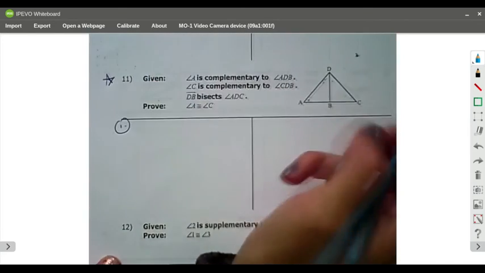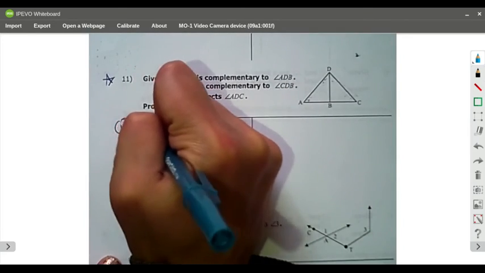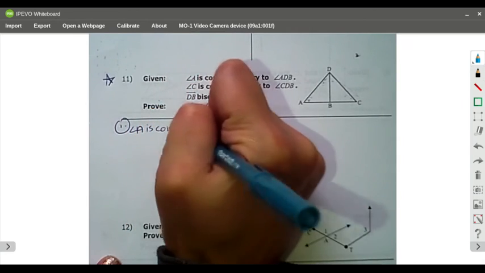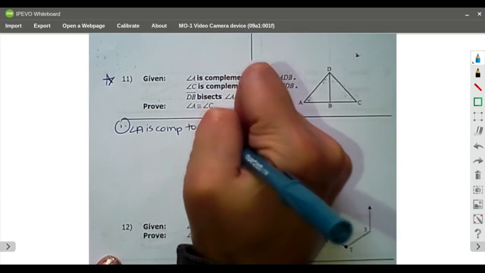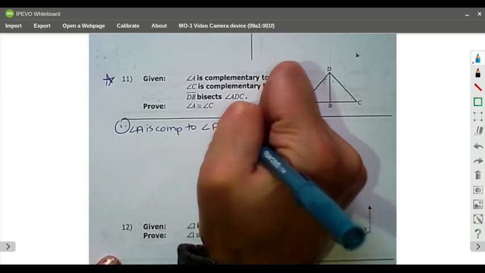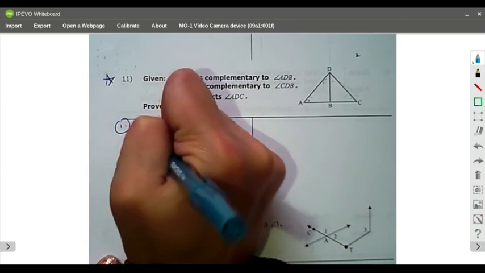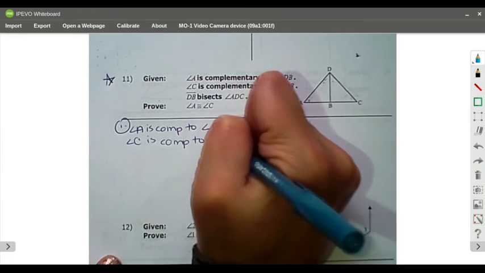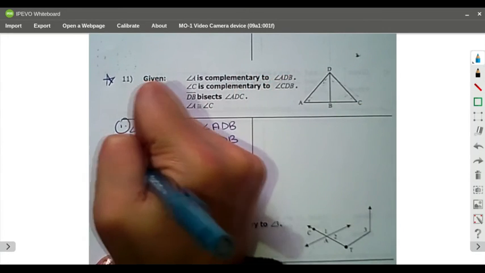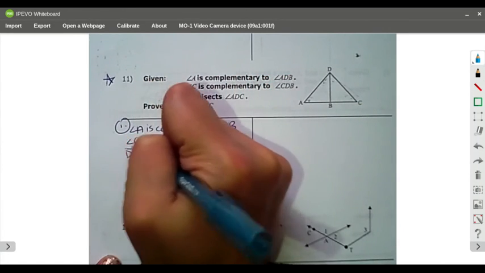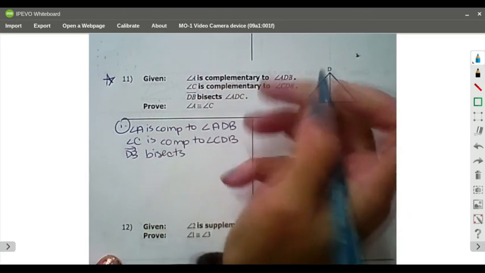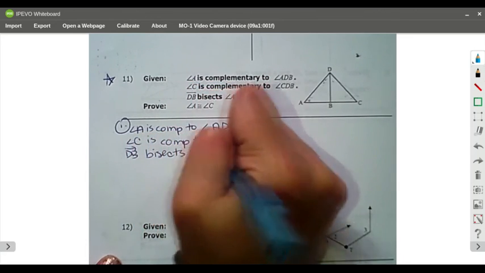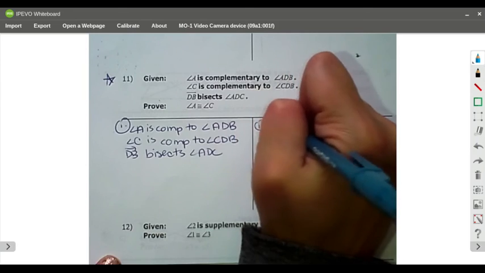So we're going to restate all of the given. I'm just going to abbreviate a little bit so it doesn't take all day for me to write this. All right, that's a lot of given.